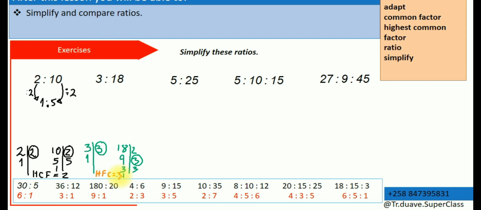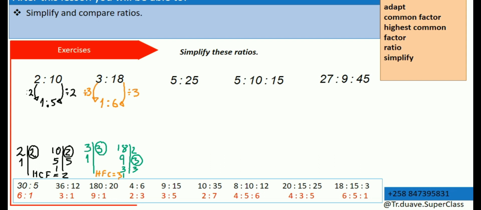We take this 3 and this 18, and divide both by 3. So 3 divided by 3, the result is 1, and 18 divided by 3, the result is 6. And that's it. Let's work out the next one.